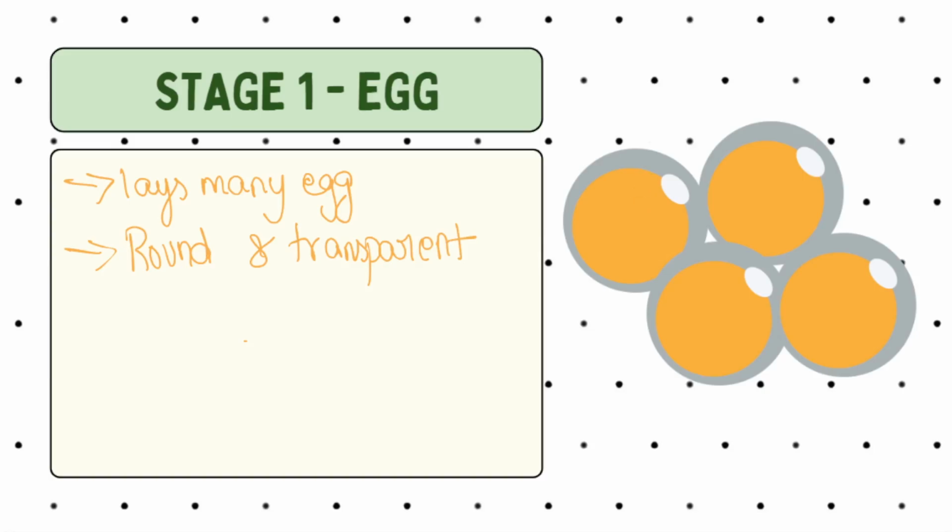For example, if there is a glass and you can see the person or things on the opposite side, we call it transparent. So in this way we can see the egg, and inside you can see the baby fish.